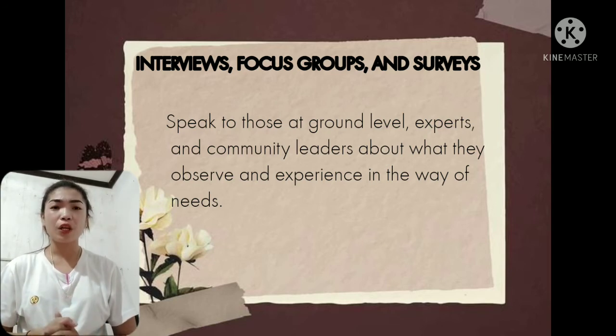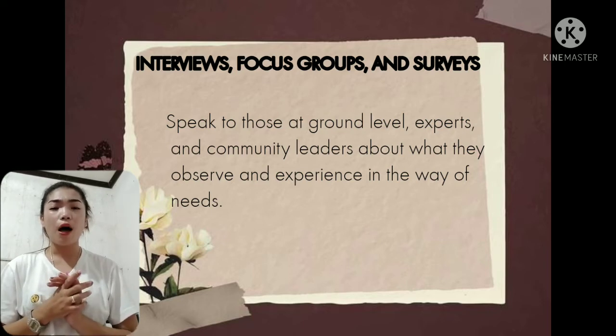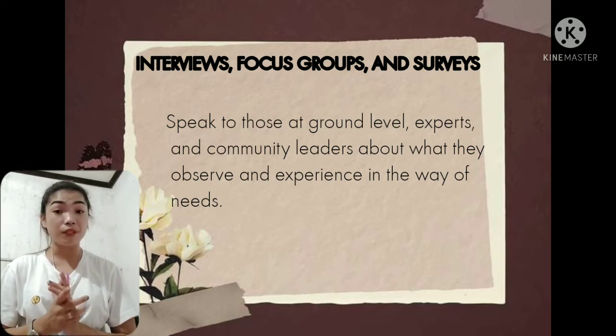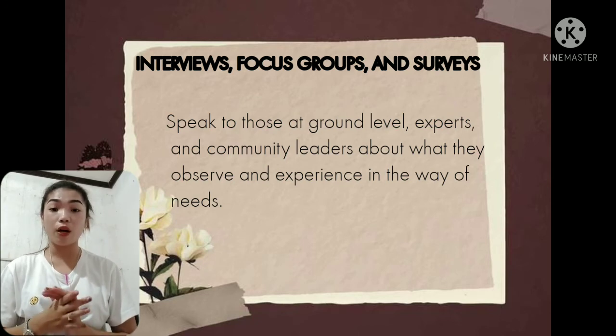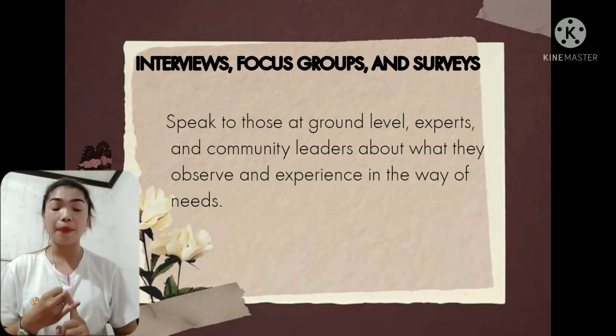With that, you speak to those at the ground level, experts and community leaders, about what they observe and experience in the way of needs. So interview must be the first step in collecting data.